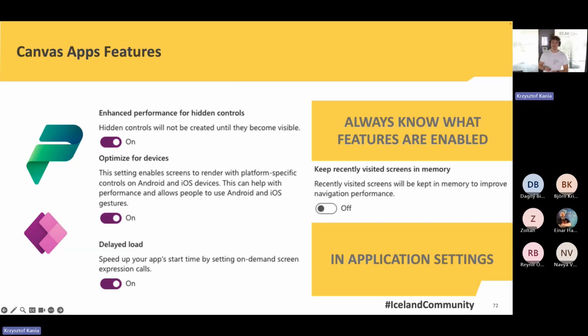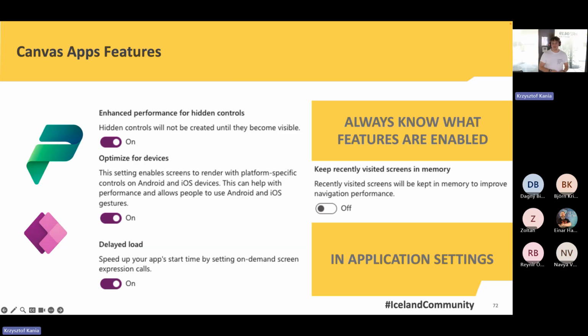So there are a few settings that are really important to know if we are talking about performance. Even though I say the quicker the data is taken, I really like to get the experience for the user. If they have to wait for the data, they will see a loading screen. So we want to make sure that in our, for example, 10 inputs or galleries, we provide delay loads.